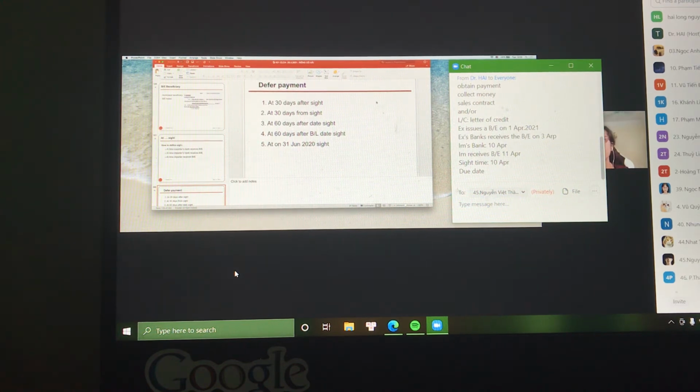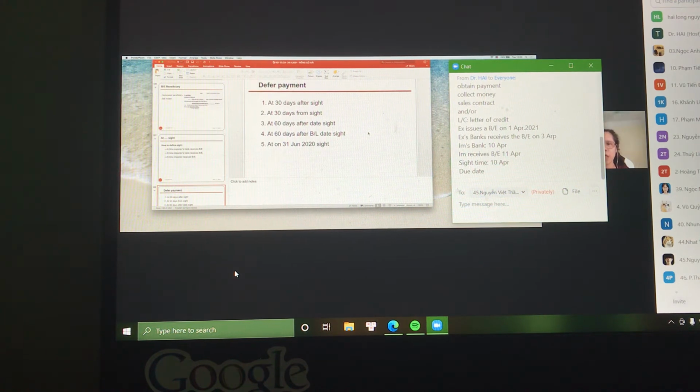The B/E is issued on the first, Exporter's Bank receives on the third, Importer's Bank receives on the 10th, and Importer receives on the 11th. Okay, now I think that we need more information.